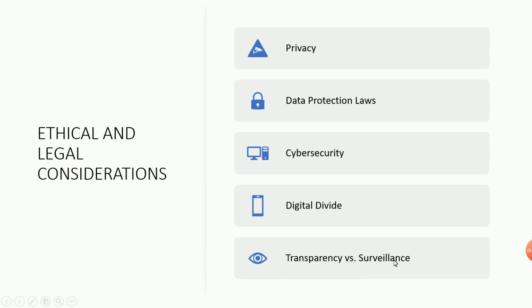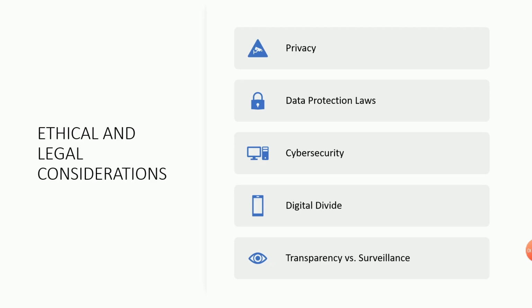Next, transparency versus surveillance. Sometimes I wonder if my phone is being hacked or stolen by some person. What are all the risky factors about me that could be used? Whenever I think of this, the only thing I fear is that my own identity proofs, which I have as a soft copy in my mobile phone, could be used for negative purposes. Other than that, I don't think I have much privacy matter in my phone.